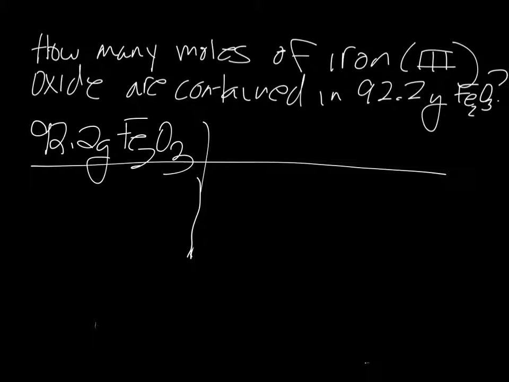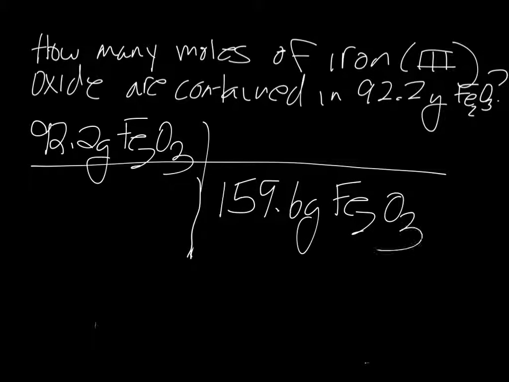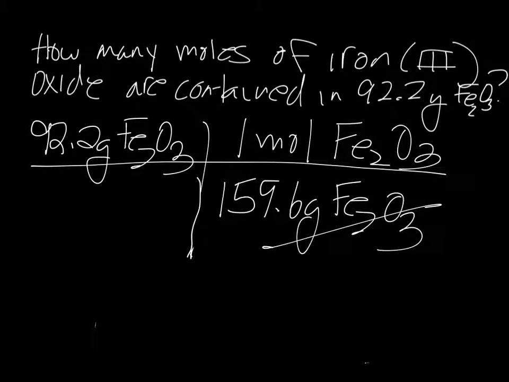Now I want the grams to cancel, so what I just added up, my molar mass, I'm going to put that at the bottom. So it was 159, I believe, 0.6 grams of Fe2O3 for every 1 mole of Fe2O3. My grams cancel, and I do the math on this.